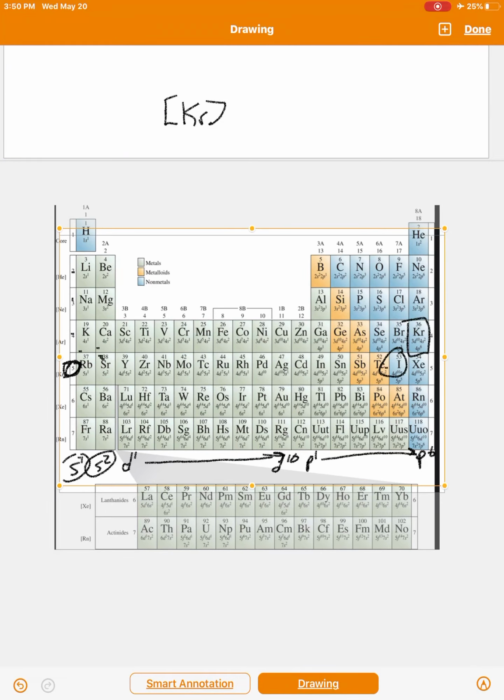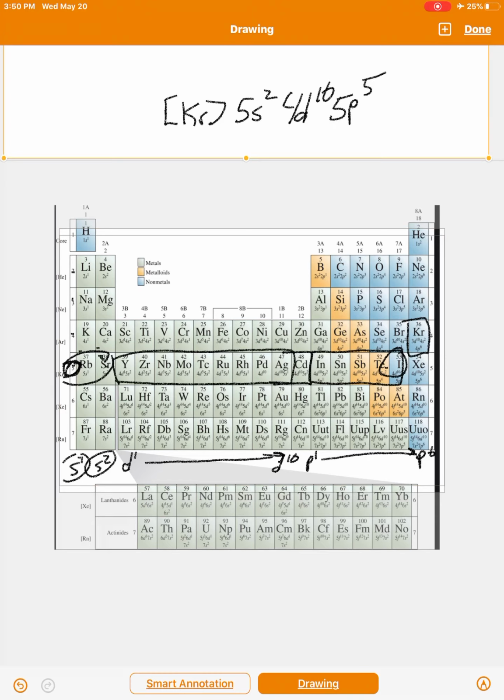And then you could come over here, 5s2, that would be those two. And then 4d10, and then 5p5. Okay? And there you go. That would be the configuration of that.